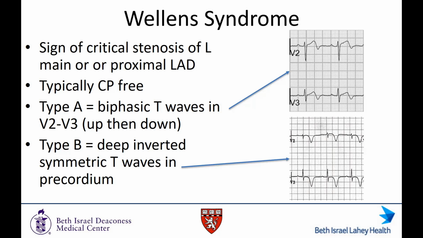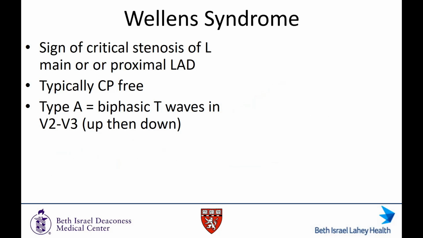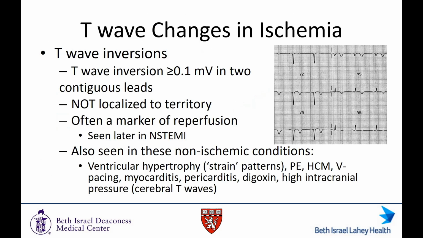You can get deep T inversions like this across the precordium in other conditions, just like you said. The two big ones that happen acutely, in addition to this, are cerebral T waves or stress cardiomyopathy. Those two things typically don't just localize to the early to mid precordial leads.